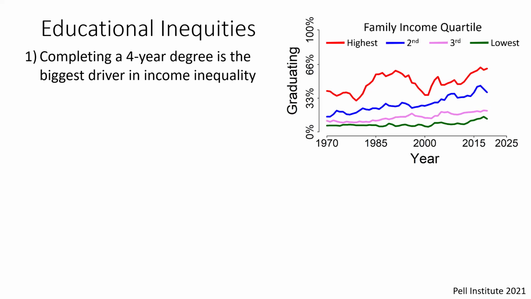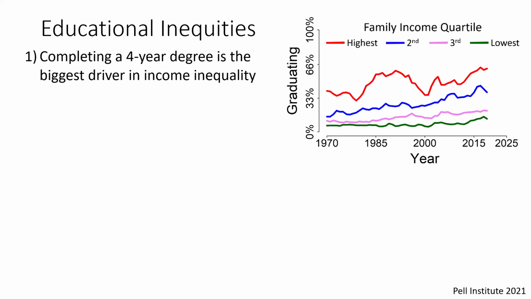We're looking at year on the x-axis from 1970 to 2018, and the proportion of students who have graduated with a four-year degree, disaggregated by family income. You can see that students from the highest income backgrounds are graduating from four-year institutions at a much higher rate than students from all other income levels.